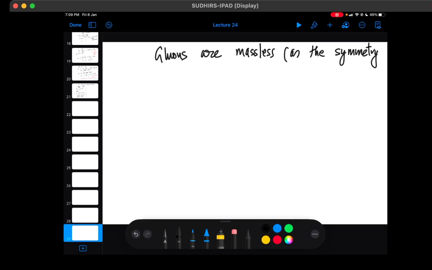Okay, so for an incoming gluon, what you write is the polarization vector. So you just have two polarizations. Again, remember that gluons will have two polarization vectors with the p. Then you also have a color vector which is a alpha.